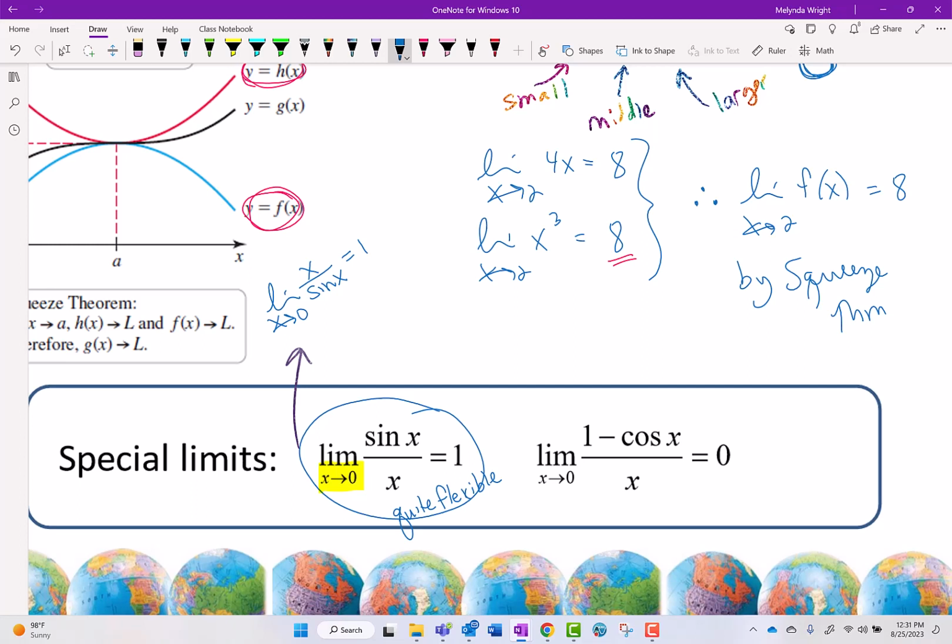Another way that it can be altered: the limit as x goes to 0 of, let's say, sine of 3x over 3x. That's also 1. That's kind of nice. Please note on this one that these spots, the 3x, have to match.